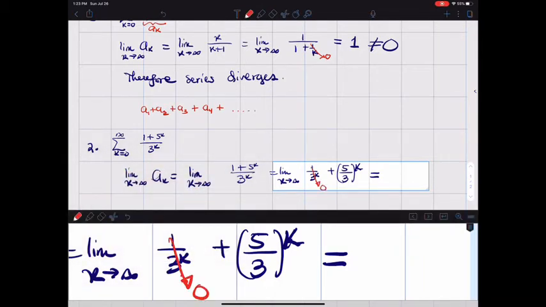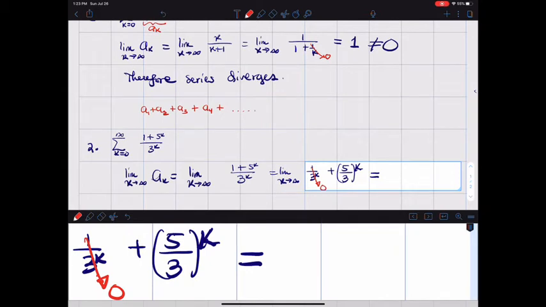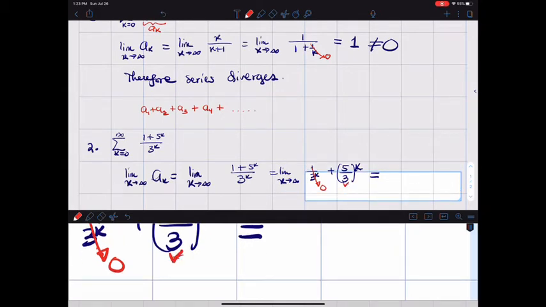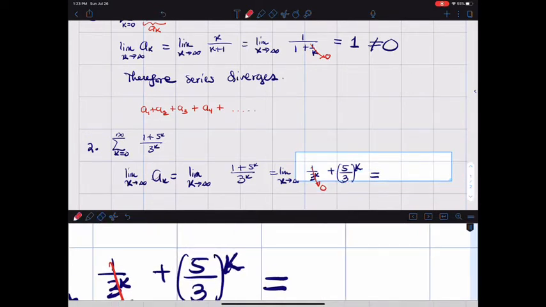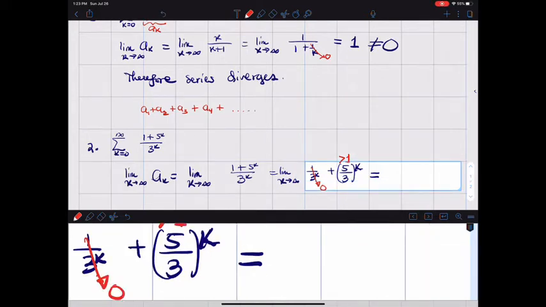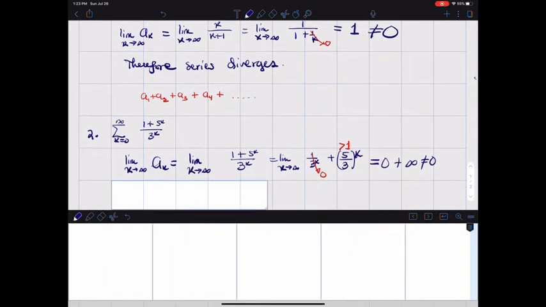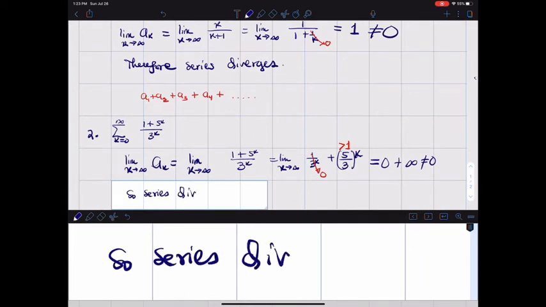The second term, 5 over 3, is greater than 1, so it goes to infinity. So I have 0 plus infinity, which is not equal to 0. So the series diverges.